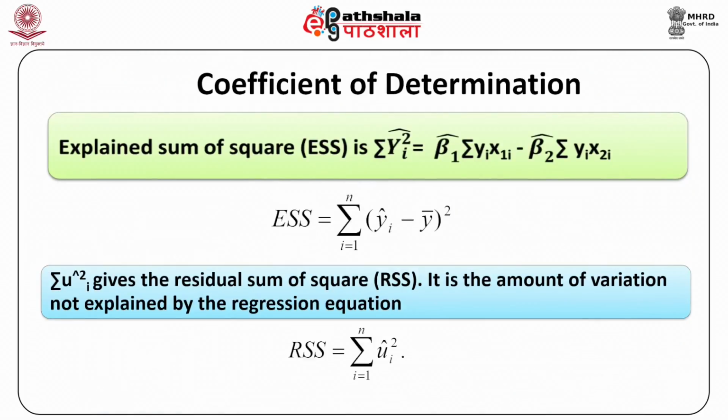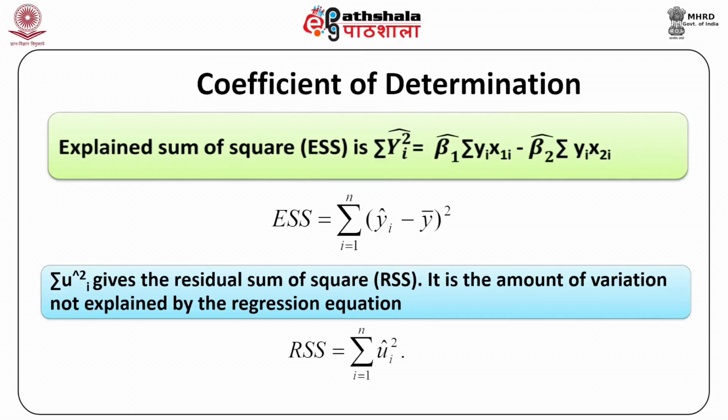The explained sum of squares, which is ESS, is sigma y hat squared i is equal to beta hat 1 summation yi x1i plus beta hat 2 summation yi x2i. ESS is simply the variation of the estimated y around its mean. ESS is equal to sigma i moving from 1 to n in bracket y hat i minus y bar, the whole square.